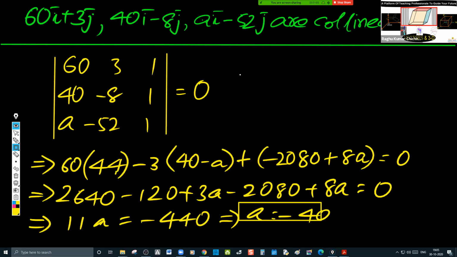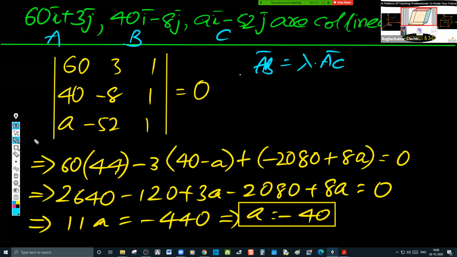So this is a way you can make use of collinearity in the form of the determinant. Or otherwise you can also go for a linear combination. If you take these points as A, B, C, then you can write AB bar is equal to lambda into AC bar, and you can compare on both sides, and thereby you will get the value of lambda, and therefrom you can get the value of a also.